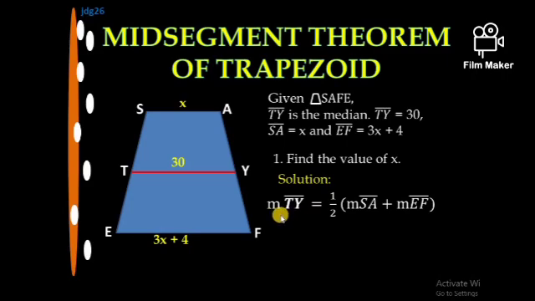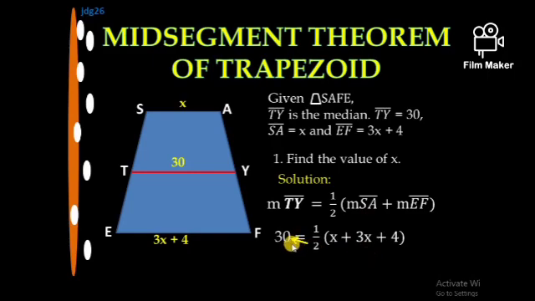Kunin natin yung formula kanina sa pagkuha ng measure ng midsegment or the median. The measure of segment TY is equal to 1/2 the sum ng mga bases. Substitute the given. The measure of segment TY is 30 equals 1/2. Ang segment SA ay X at ang segment EF ay 3X plus 4.